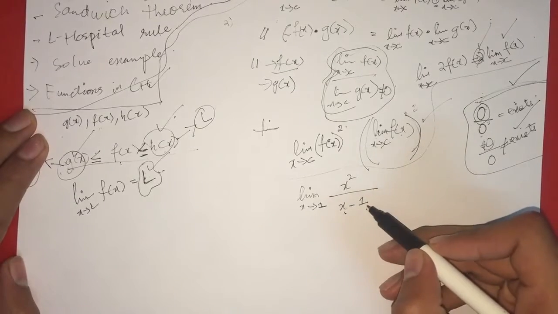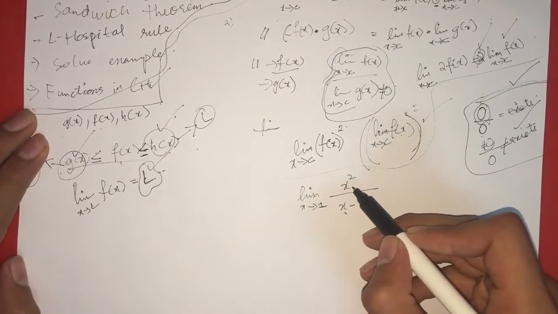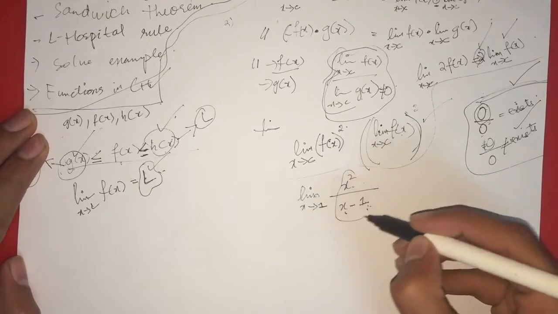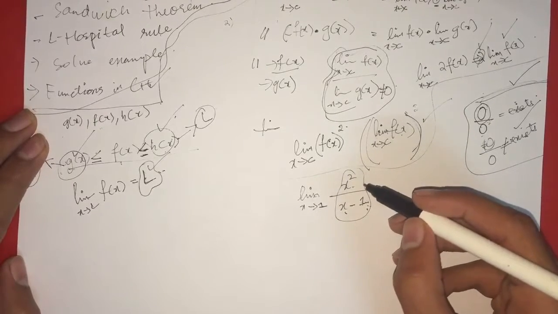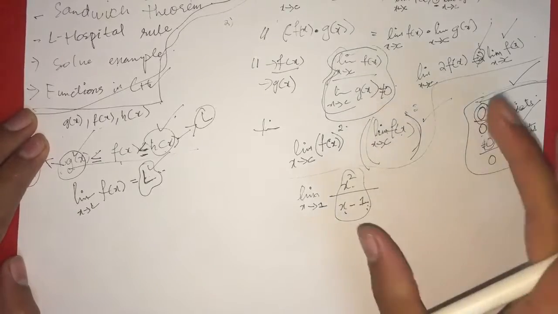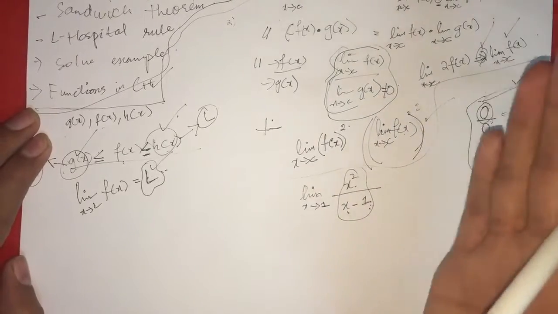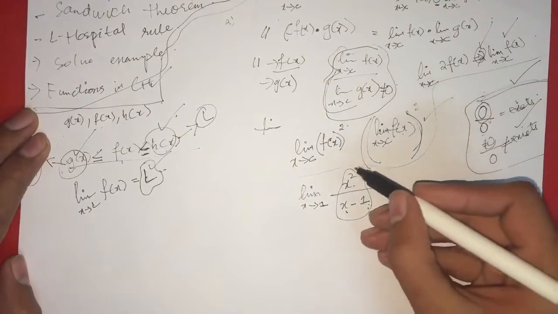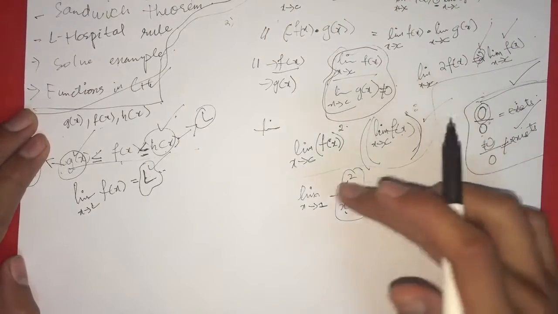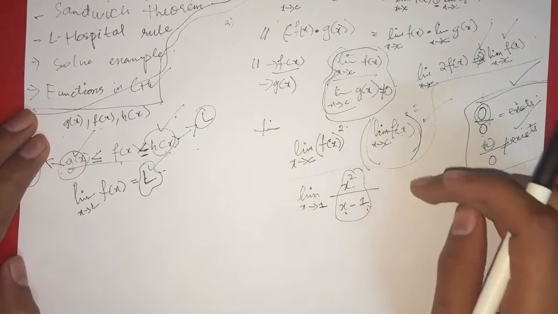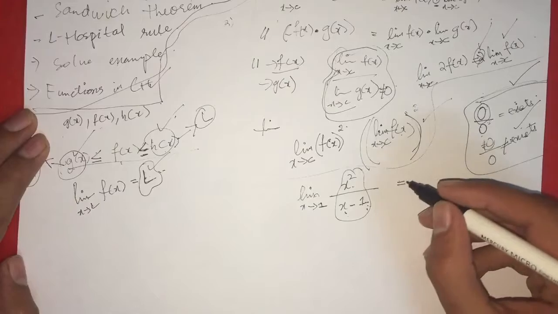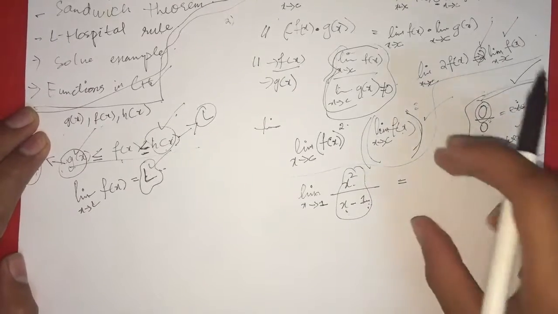So what you do instead is you try to factorize this polynomial or rational function to find the same factors, and then cancel them out. Then if you substitute the limit and it is not giving you an undefined answer, only then can you find the limit.